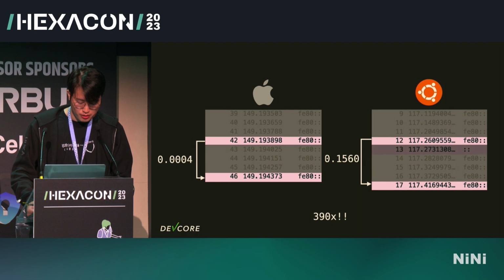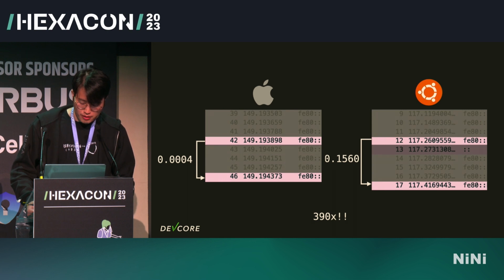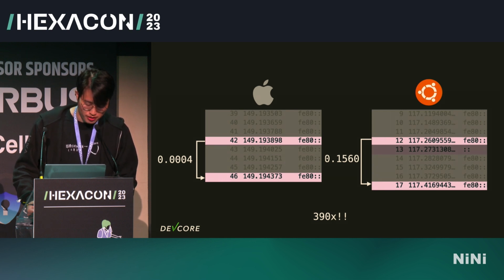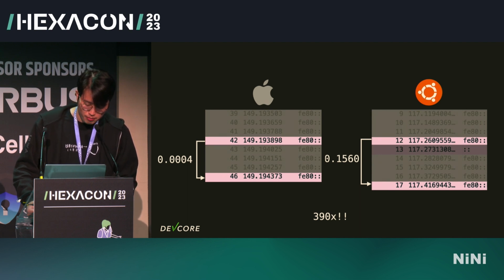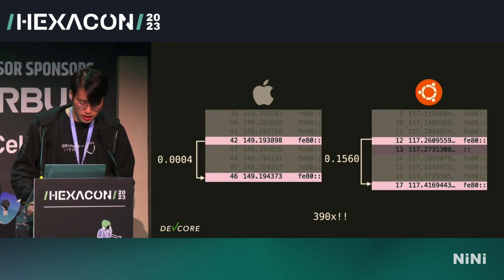So eventually, we found the problem. It's all about speed. The gap looks tiny, and you may never notice that in Wireshark. But the difference between them is actually 390 times. The problem is not on Ubuntu. It's just because the Mac sent the packet too quickly, causing a race condition. And what will happen if you correct how many bytes you want to write?